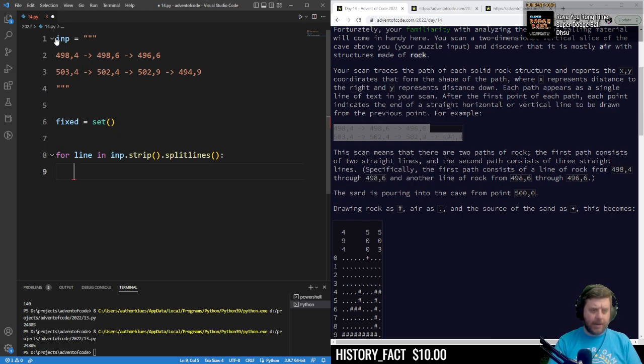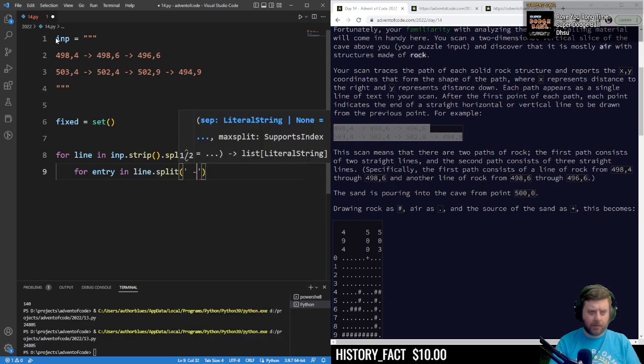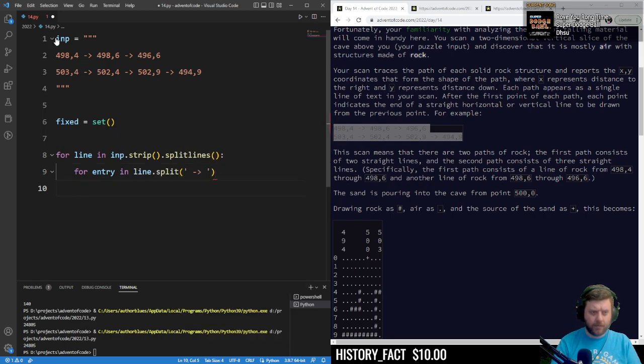So what's going on with a line? Entries. So for entry in line dot split on this sort of arrow symbol here. And then the XY pairs are those values split up.